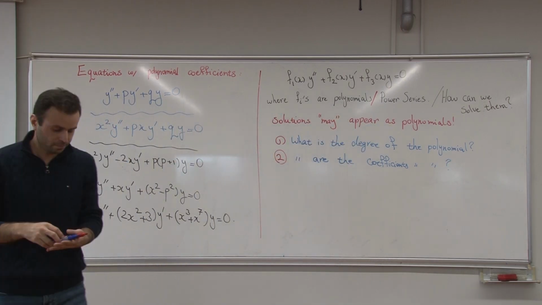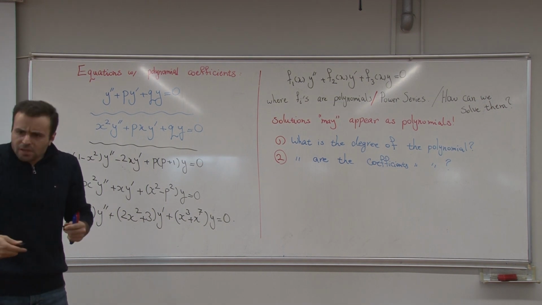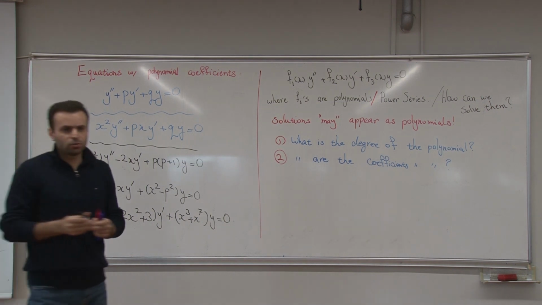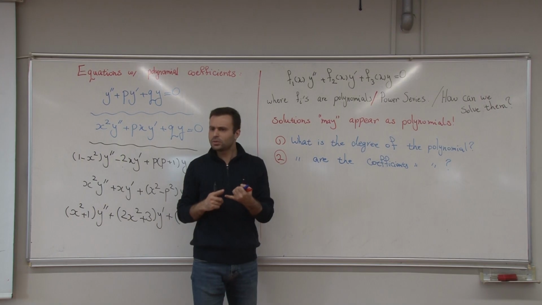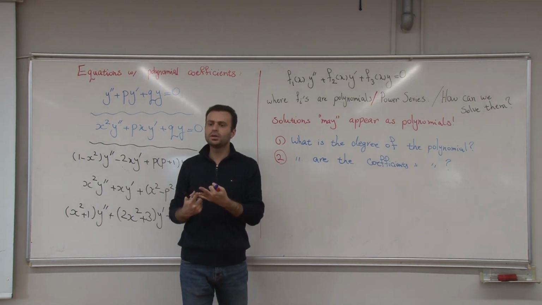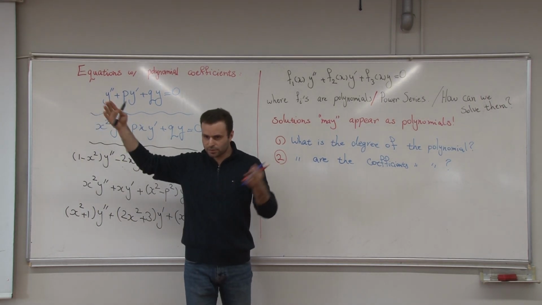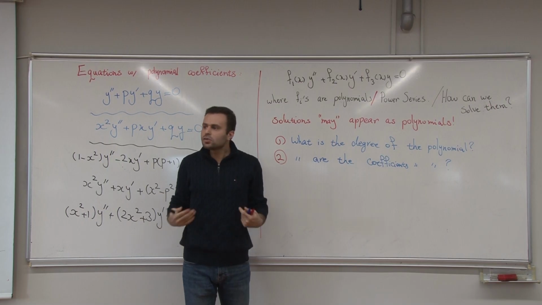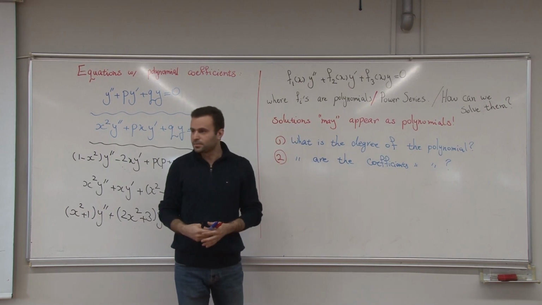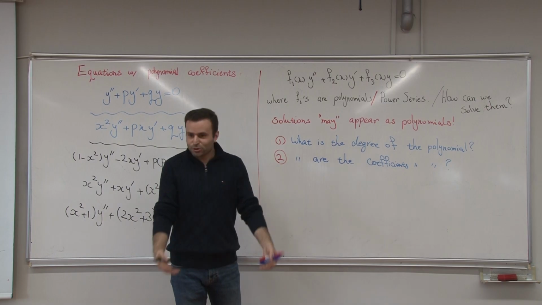Okay. As of now, I have no idea about this. I don't know about the coefficients. I don't know about the highest power of the polynomial. I also don't know if this is going to work or not. But I need to try, right?